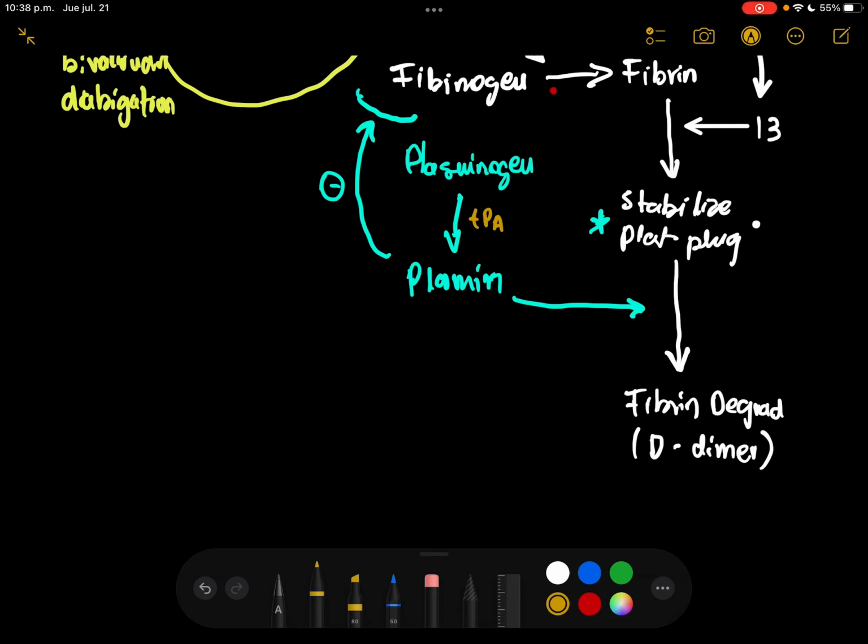We're going to write here the medications that are going to increase the TPA, which we call thrombolytics, and here we have alteplase, reteplase. Also, streptokinase acts at this level.